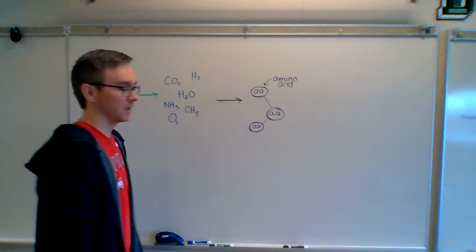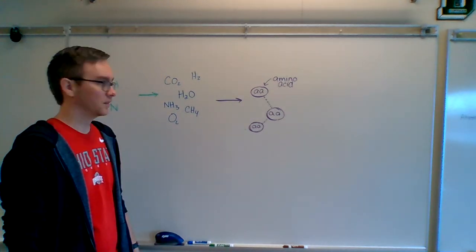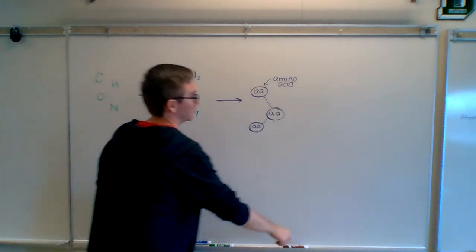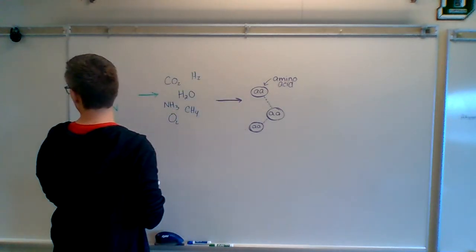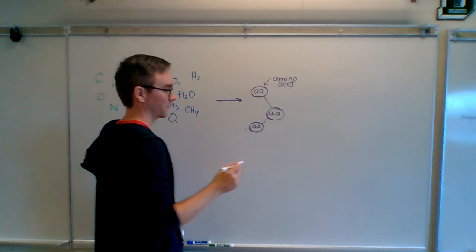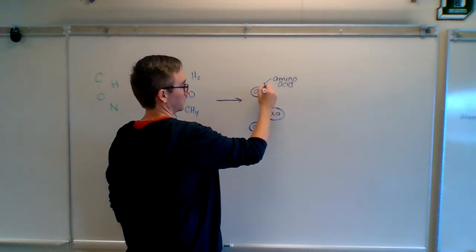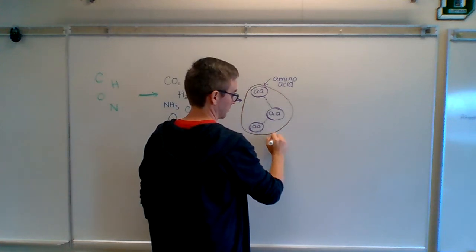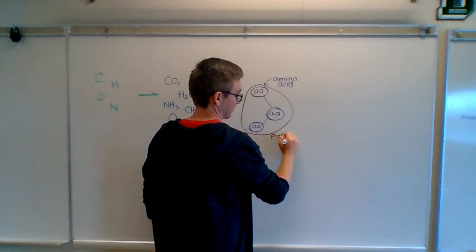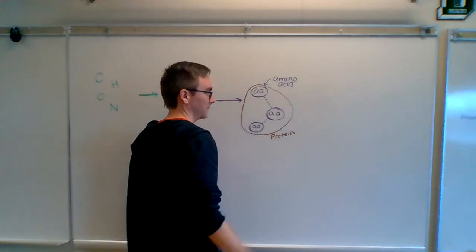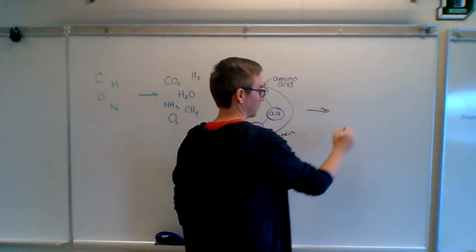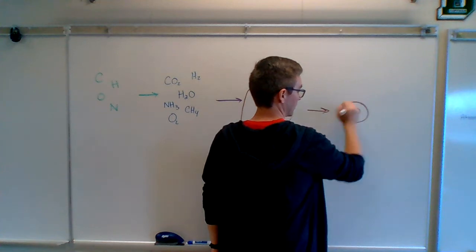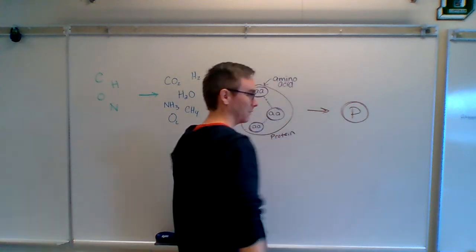All right, and when we start putting those things together, what we've built here is a protein. All right, so what we have over here then is a protein, which is a type of macromolecule.